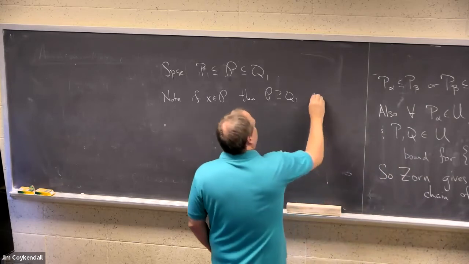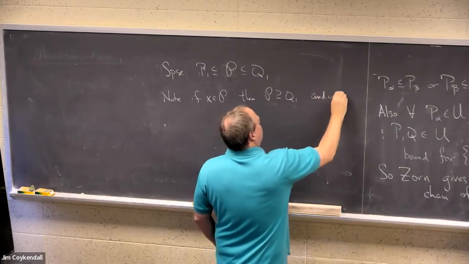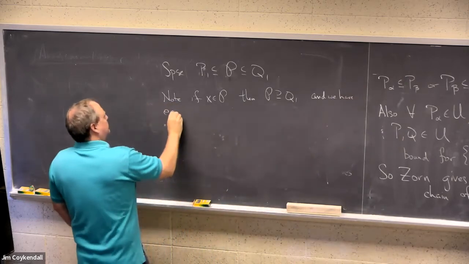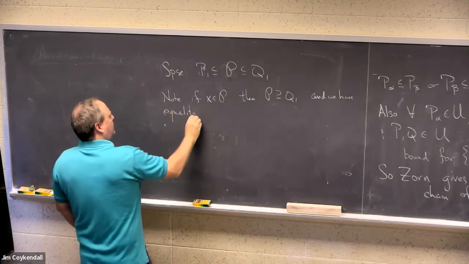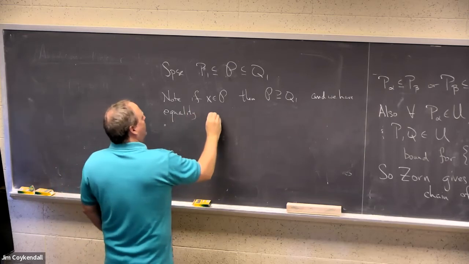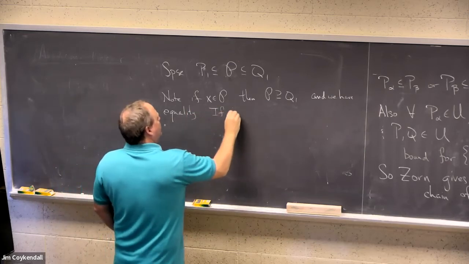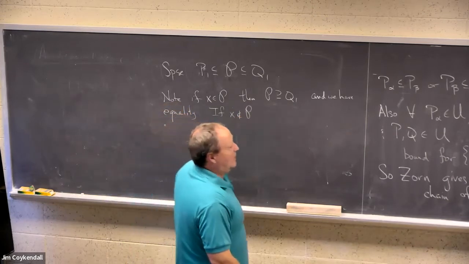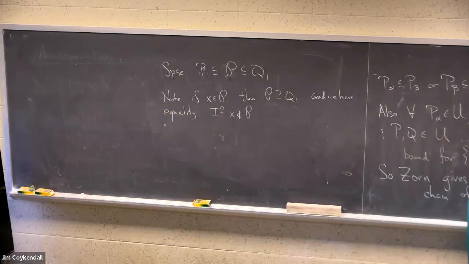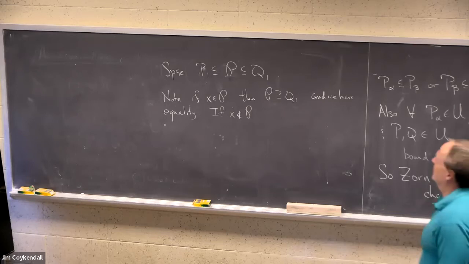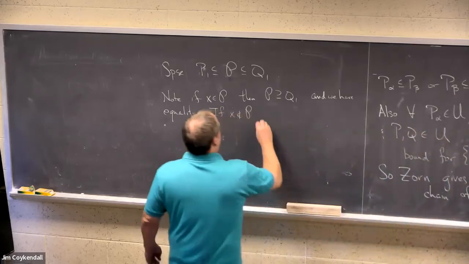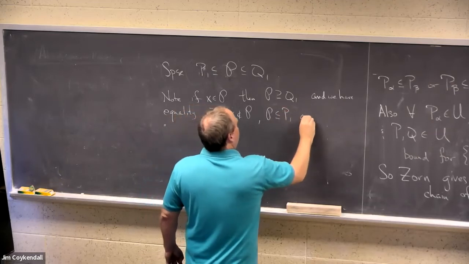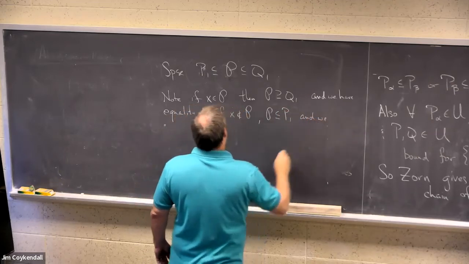And so we have equality. And if X is not in P, then this is part of the union. And so P is contained in P1, and we have equality.